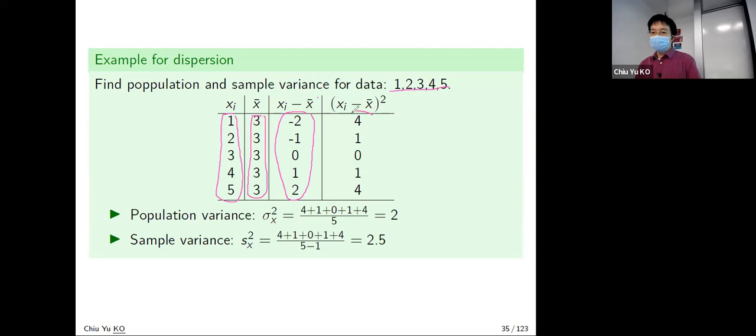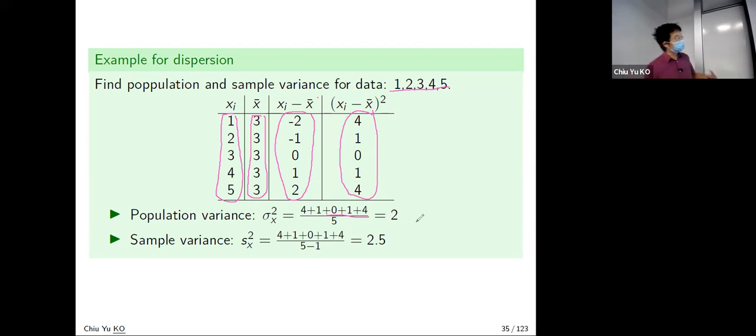And the last column will be the square of the previous column, right? -2 squared, you get 4, -1 squared gets 1, 0 squared gets 0, 1 squared gets 1, 2 squared gets 4, right? And the variance will be the summation of this over n. So adding all this up gives you 10 over 5, which is 2, right? If you divide by n minus 1, which is 4, it is 2.5, okay?